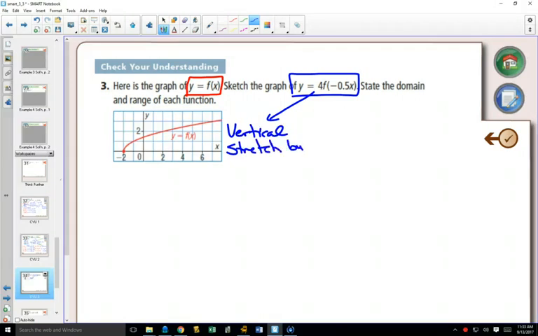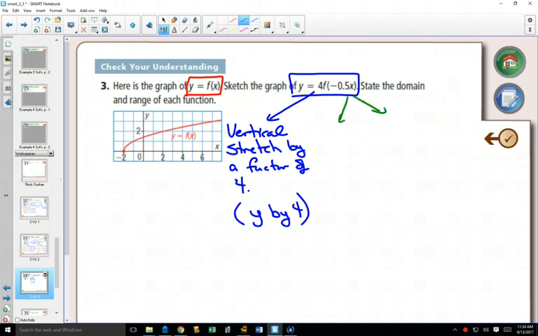Stretch by a factor of 4. What we're going to show in our arrow is our y value is going to get multiplied by 4.